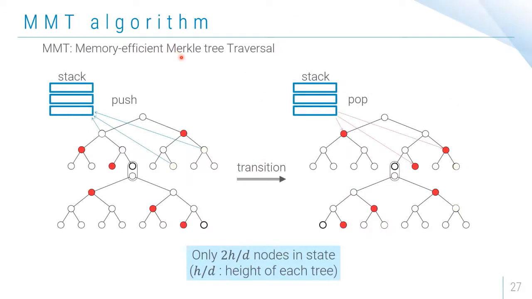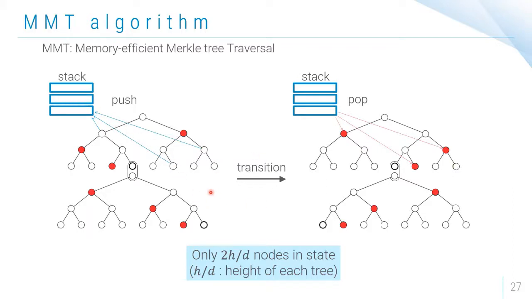The algorithm is called MMT algorithm, and MMT stands for Memory Efficient Markov Tree Traversal. Here's an example. While generating signatures on the bottom layer, the next authentication path is stored in the stack.